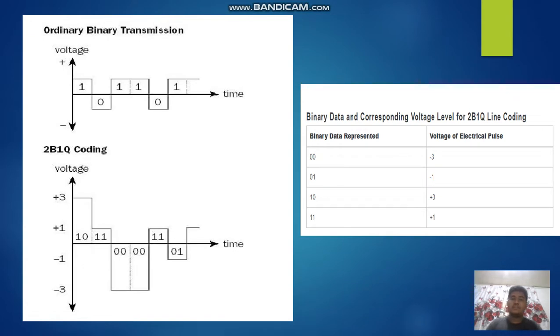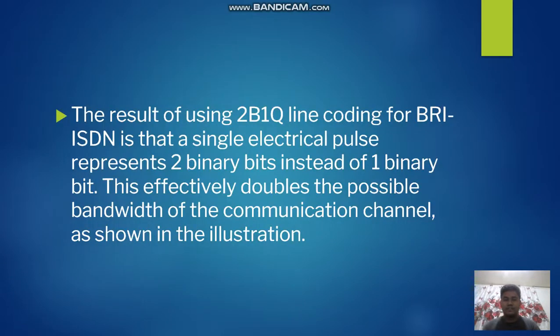So we have here another example. This is the ordinary binary transmission, and this is the 2B1Q coding, which we discussed earlier. The result of 2B1Q line coding for BRI ISDN is that a single electrical pulse represents 2 binary bits instead of 1 binary bit.